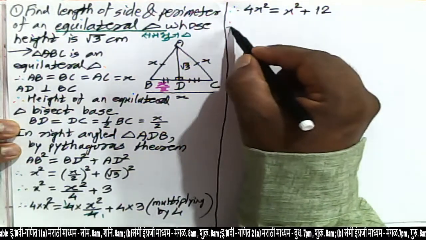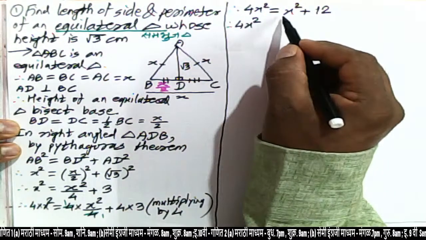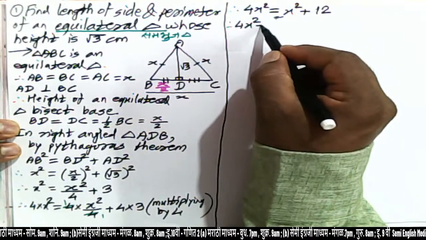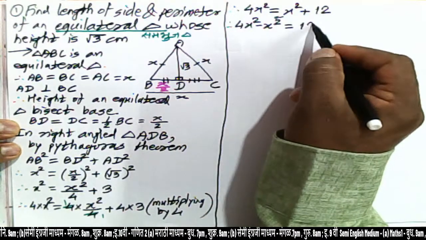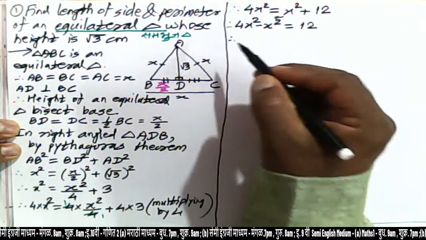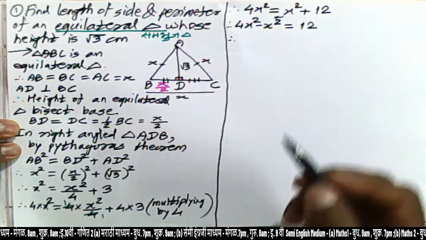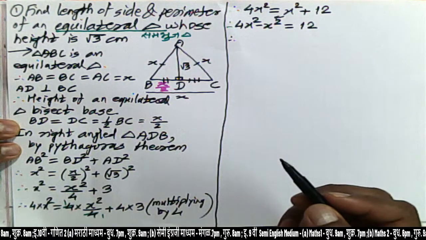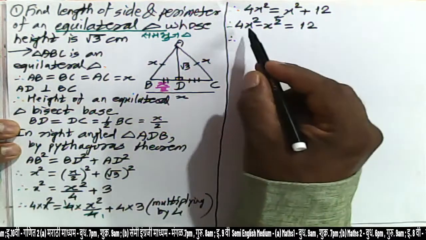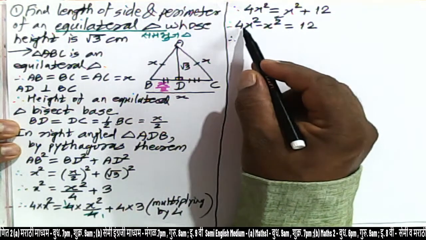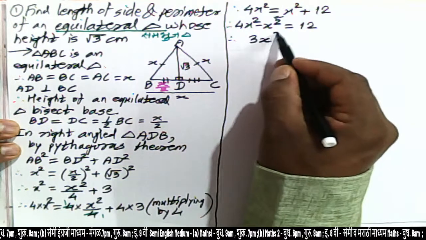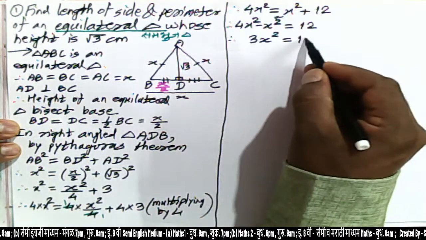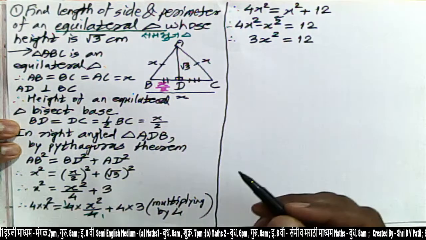Then taking x square on the LHS side, it becomes minus x square, and 12 remains. Therefore, 4x square minus 1x square, what do we get? That is 3x square is equal to 12.